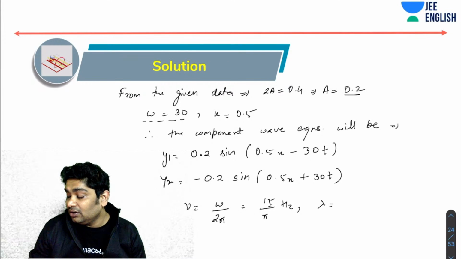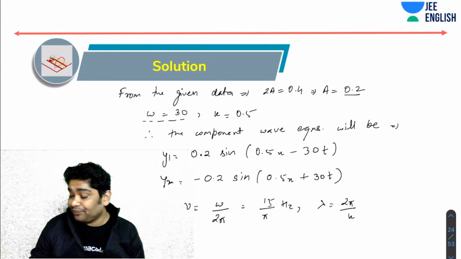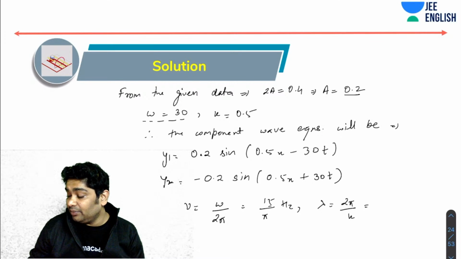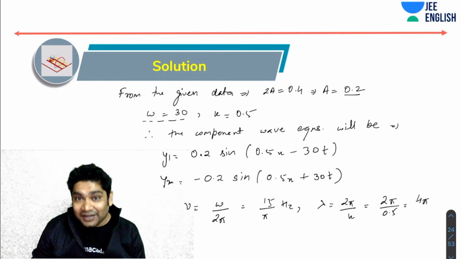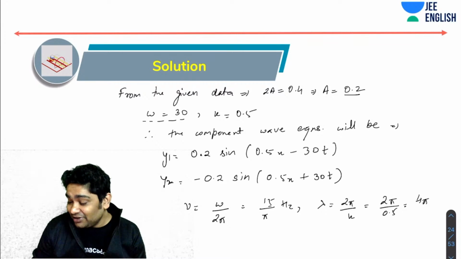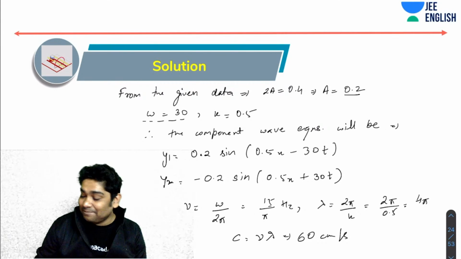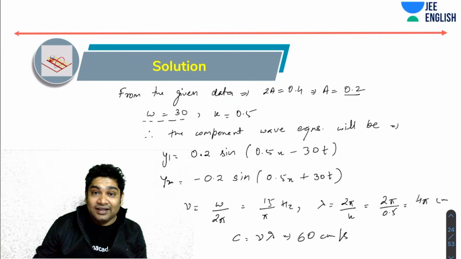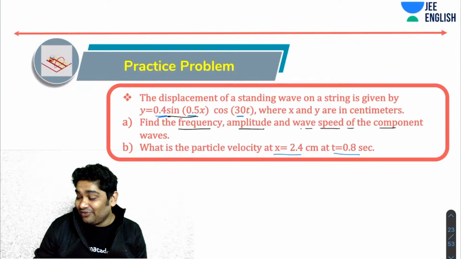Lambda would be 2 pi over k, so that would be 2 pi over 0.5. That is 4 pi. So once you know nu and lambda, you know c also. c equals nu lambda, so that would be 60 centimeter per second. The centimeter, because everything was given to you in centimeter. So you figured out everything.